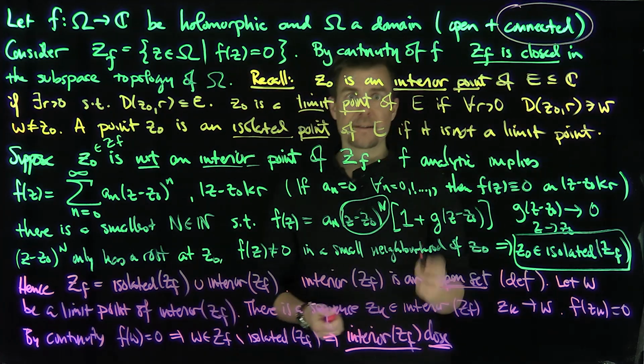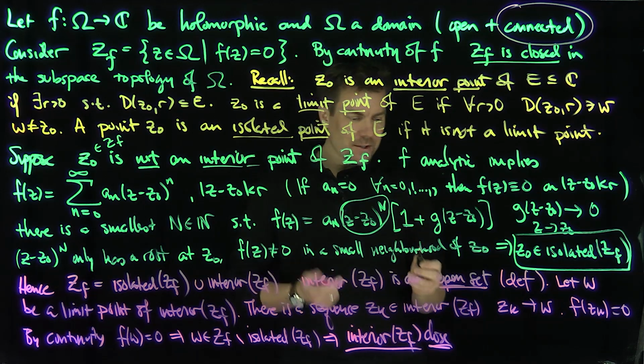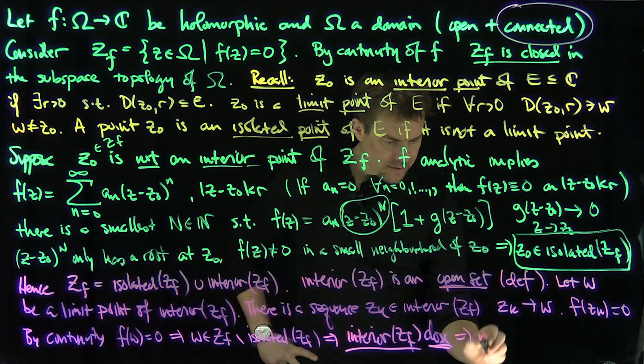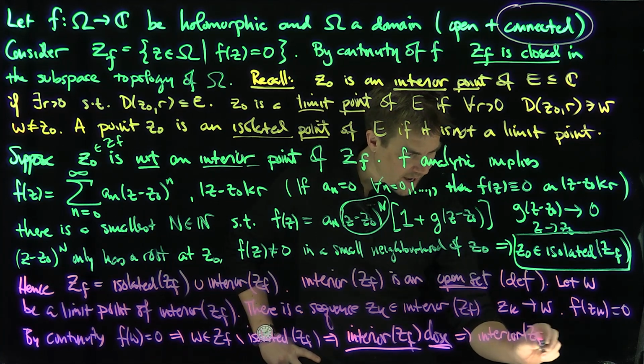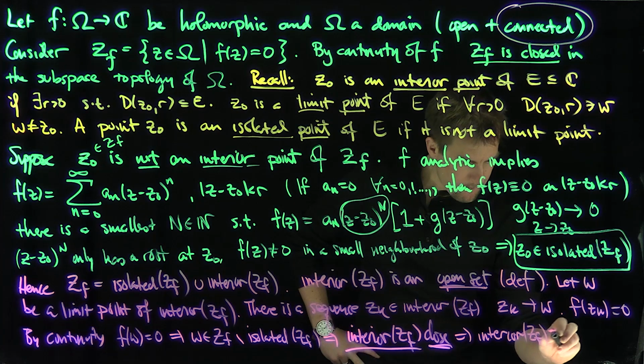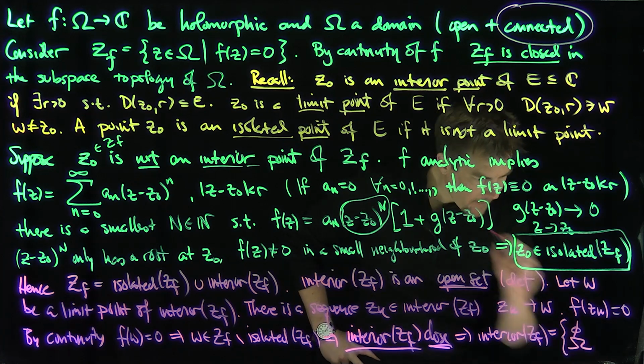If you're in a connected set, the only open and closed sets are either the empty set or the whole set. So the interior of Z_f is either empty or all of omega.